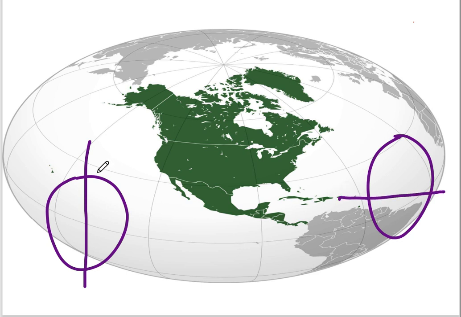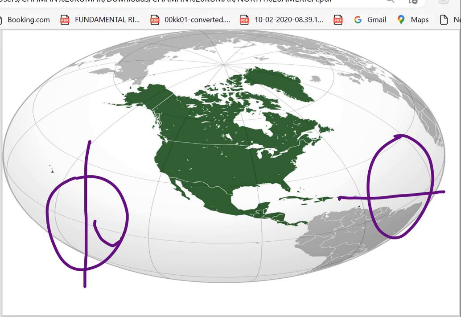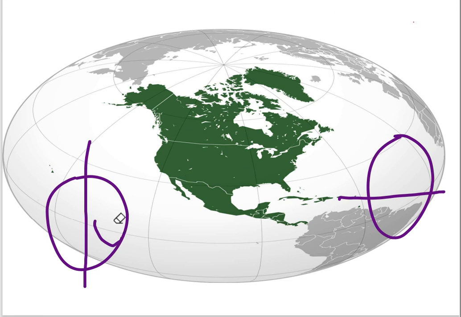If we cut the earth, then it will be divided into two hemispheres. The first one is called the eastern hemisphere, and the next one is called the western hemisphere. This is the eastern hemisphere and this is the western hemisphere. And if we cut it the other way, then it will also be divided into two hemispheres.